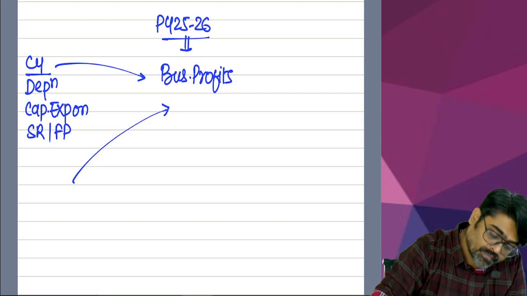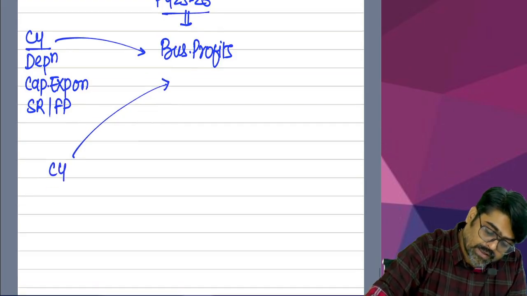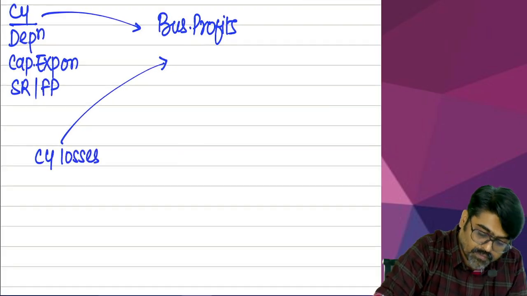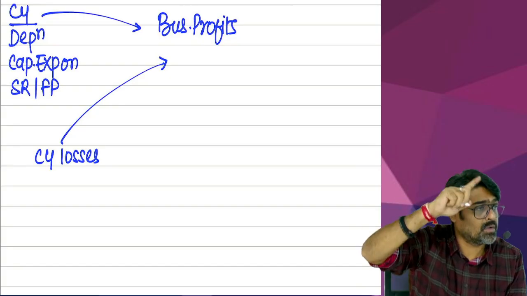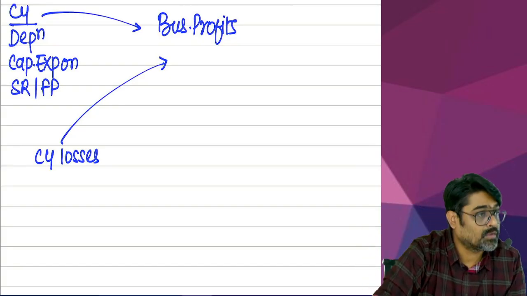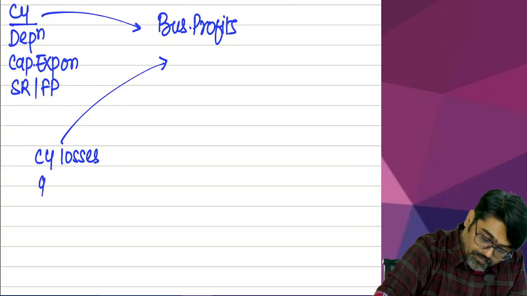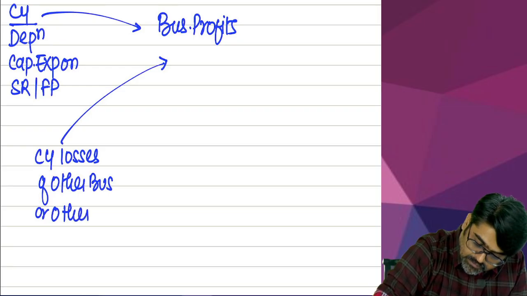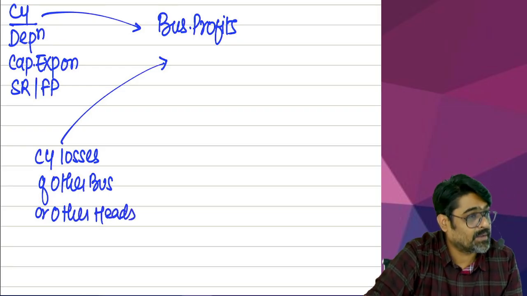What? Current year losses. Not losses of earlier years. Current year losses of other businesses or other heads as per section 70 and 71.